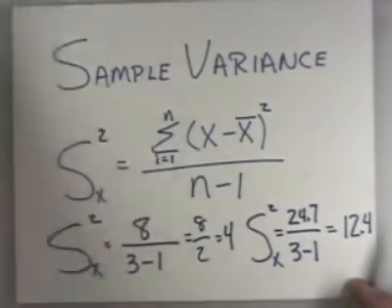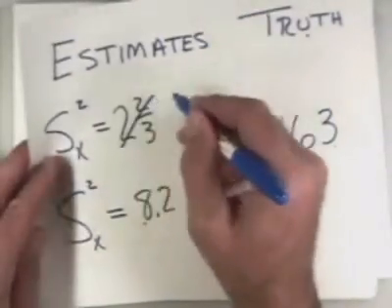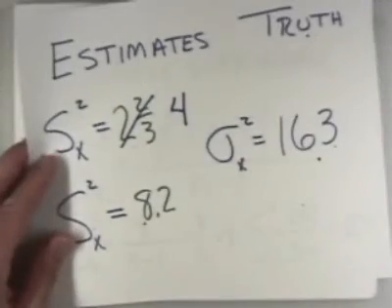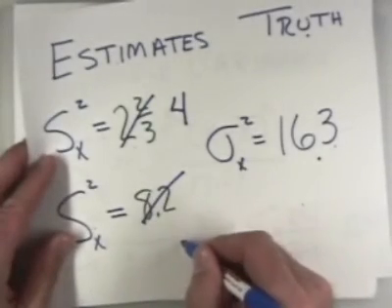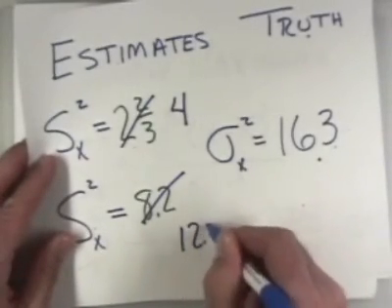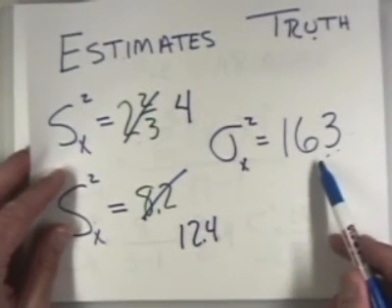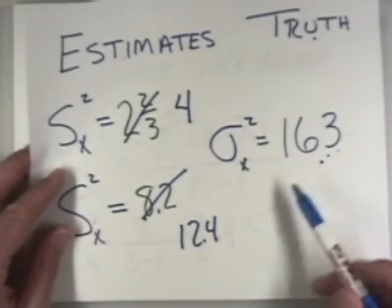So we get a little larger variance. So now if we come back and we look at our estimates, rather than having 2 2/3 as the estimate, we have 4. Rather than having 8.2, we have 12.4. Now again, this isn't much better, and we did pick a problem to try and show some extremes.